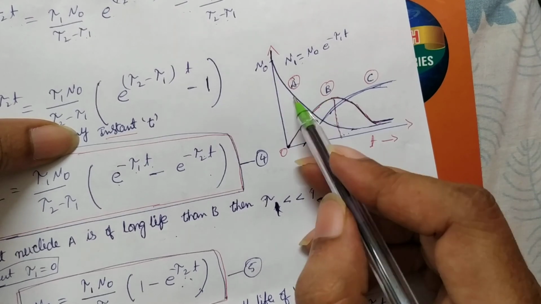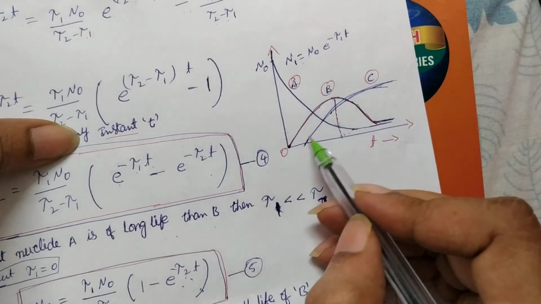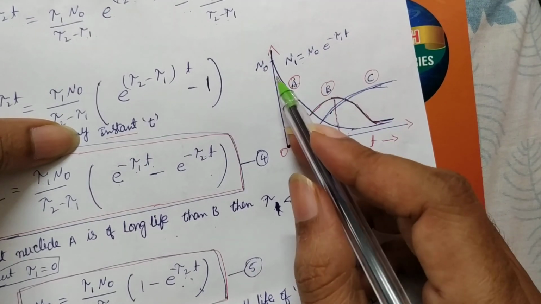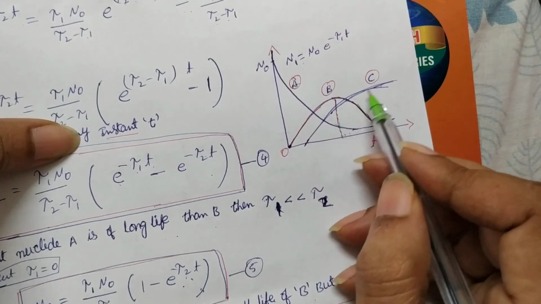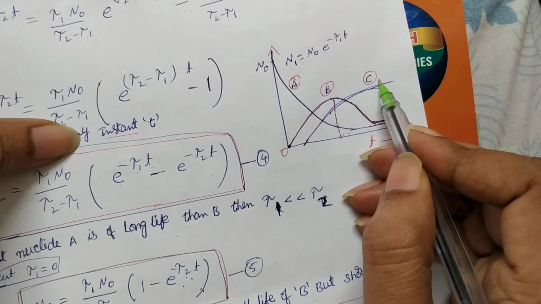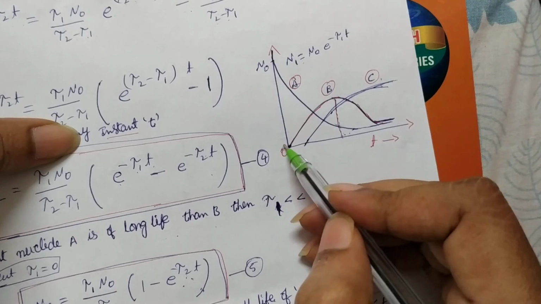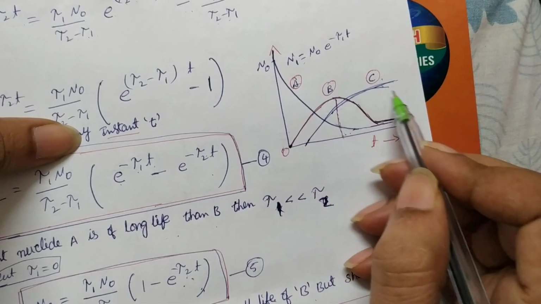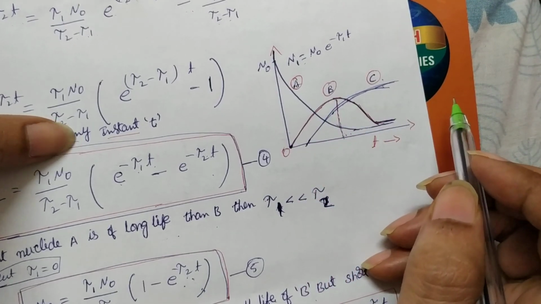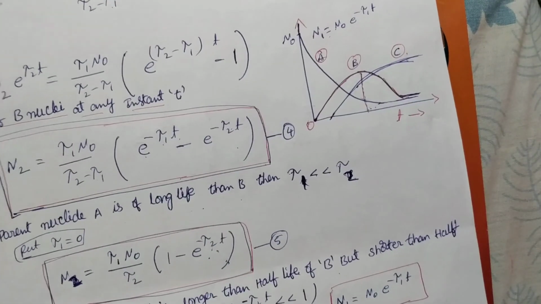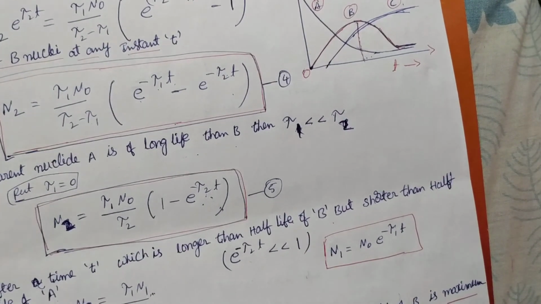So A continuously decreases, B increases and decreases, and C continuously increases if it is a stable nucleus. If this is also unstable, then like B, it increases and falls down. This also increases and falls down. Okay, that is about the law of successive disintegration.